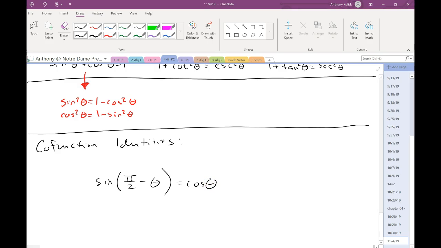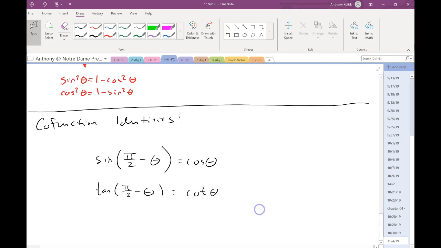But pi over 2 minus theta is really just the complement of theta, right? Everybody can see that? That's the way I'm reading that in my head. And we could write them in both directions.